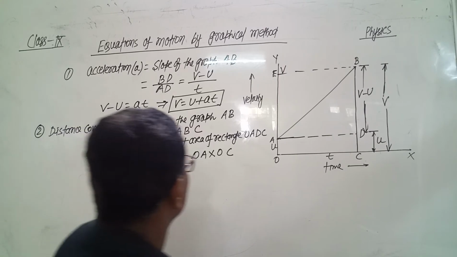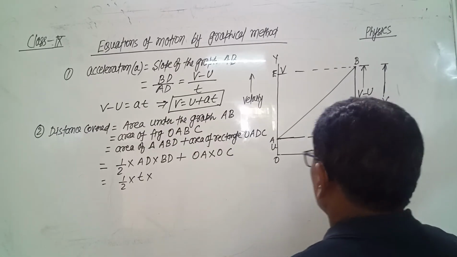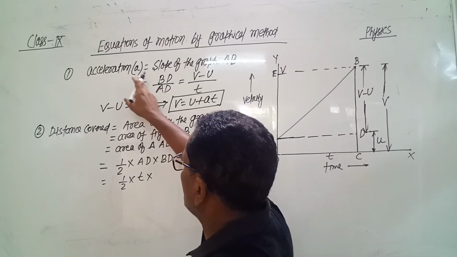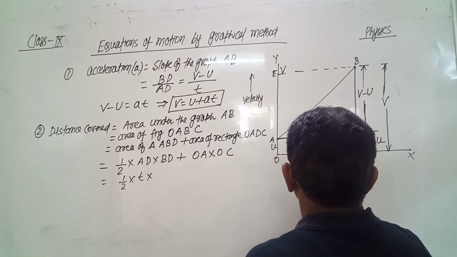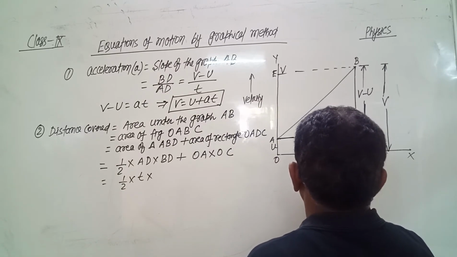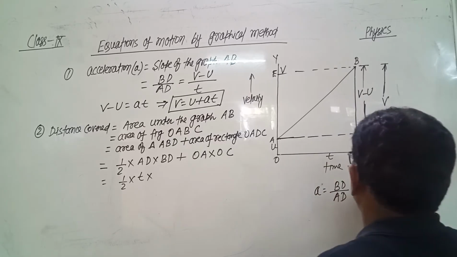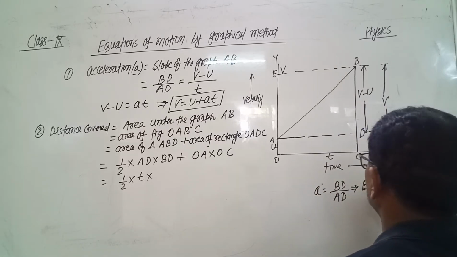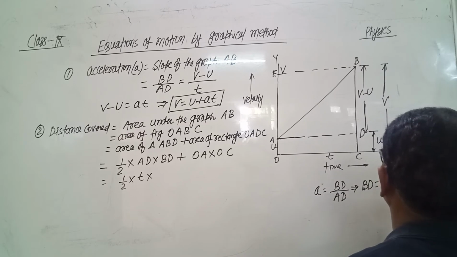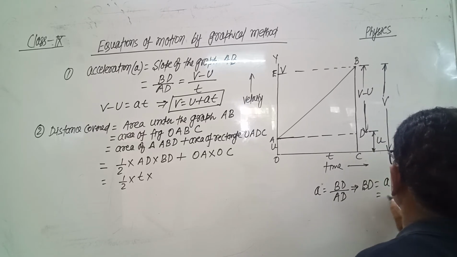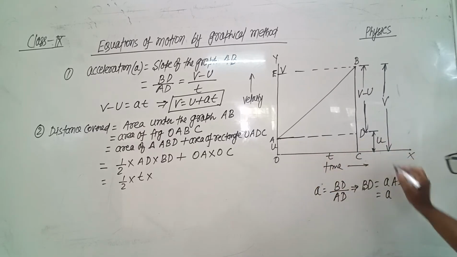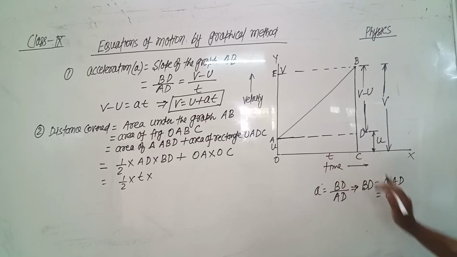What would be the value of BD? From acceleration a equals BD upon AD, by cross multiplication BD comes to be a into AD, and AD is equal to OC, which is t.